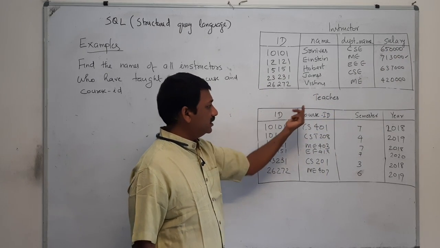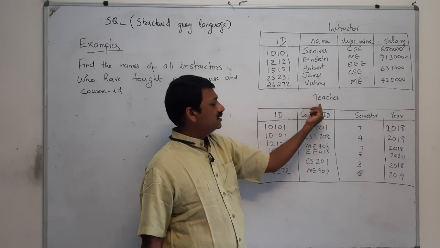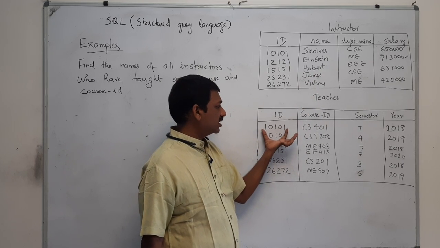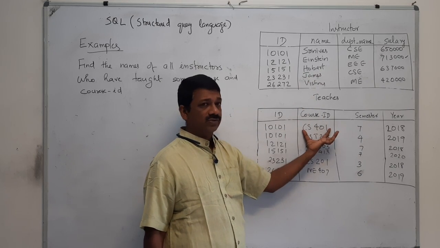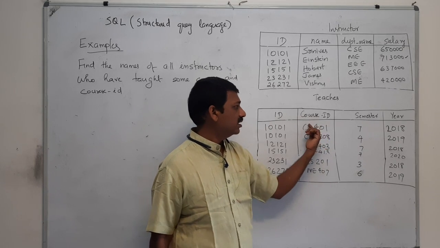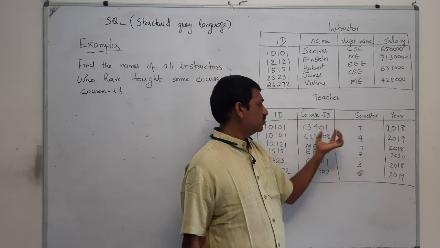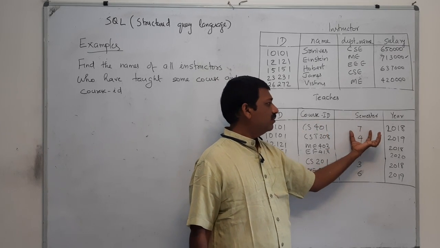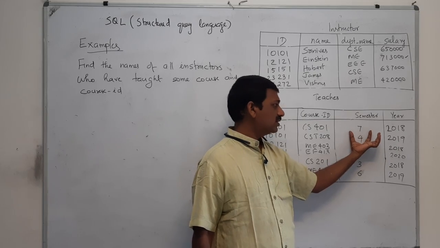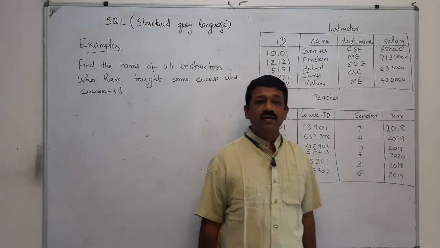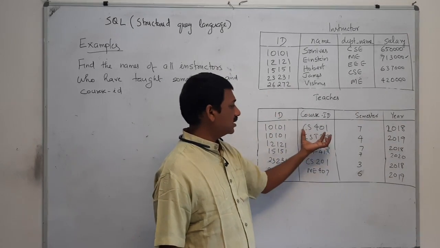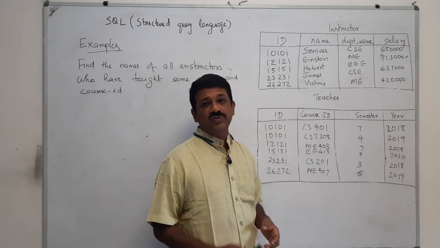Here we have teachers, meaning the instructor having this ID is teaching this course. That means course details are there: this is the course ID, and this is the semester and year in which he had taken this subject.